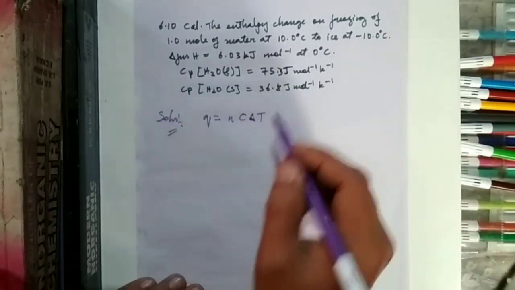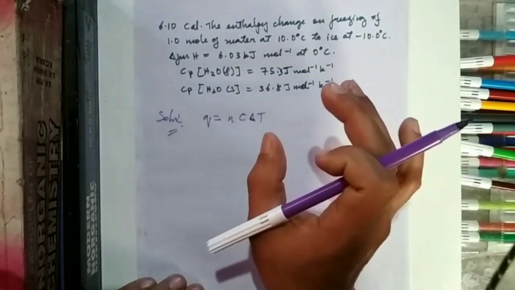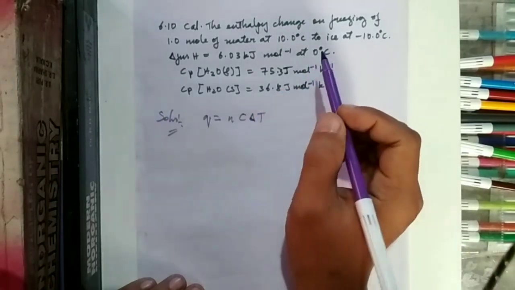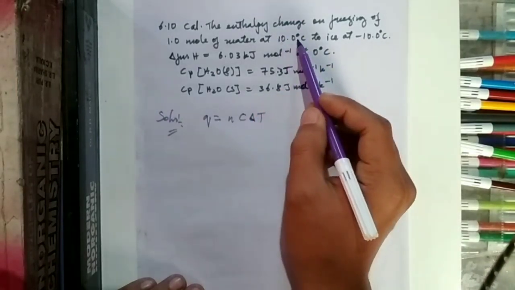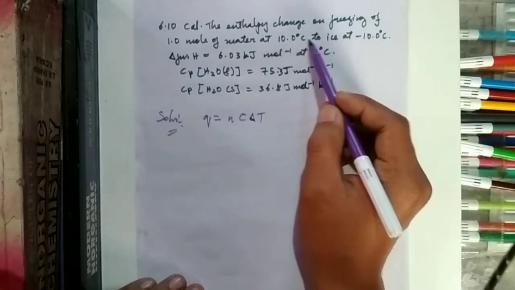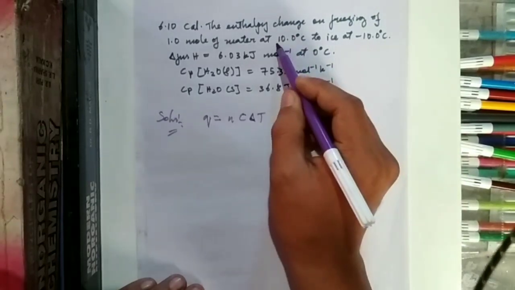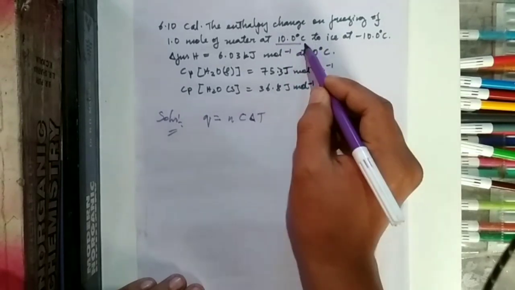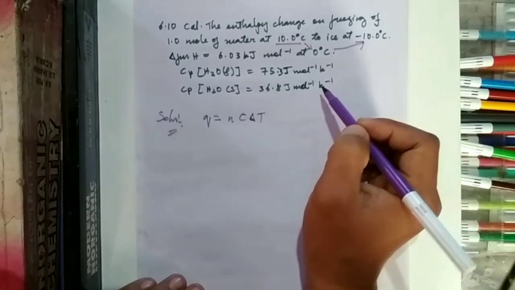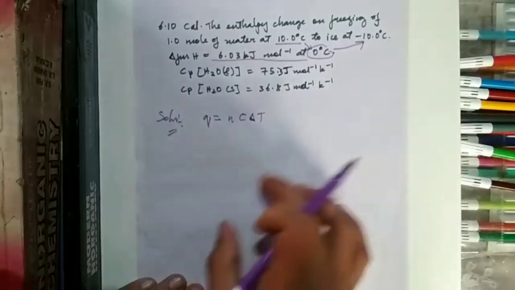In this question, it has 3 steps. It's given here, 10 degrees Celsius to minus 10 degrees Celsius. Firstly it will be 10 degrees Celsius to 0, and from 0 to minus 10. For 0, the value is given here also. So let's discuss here.